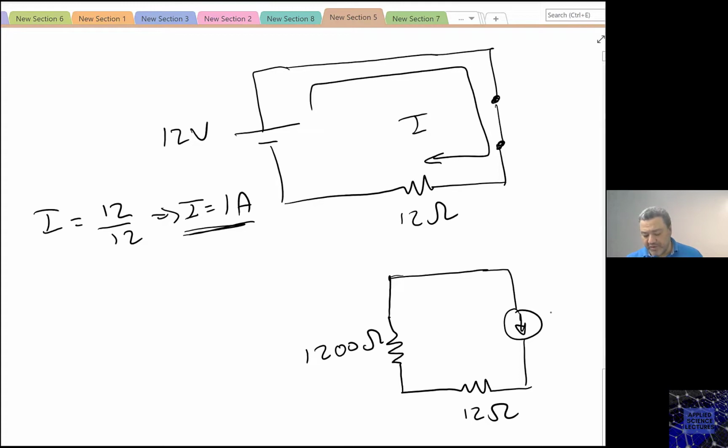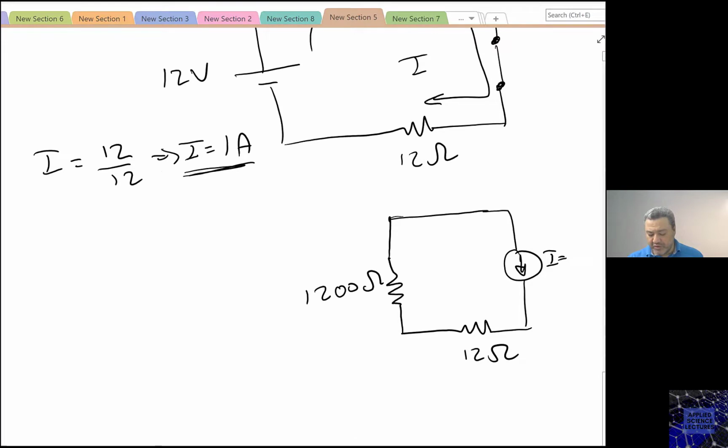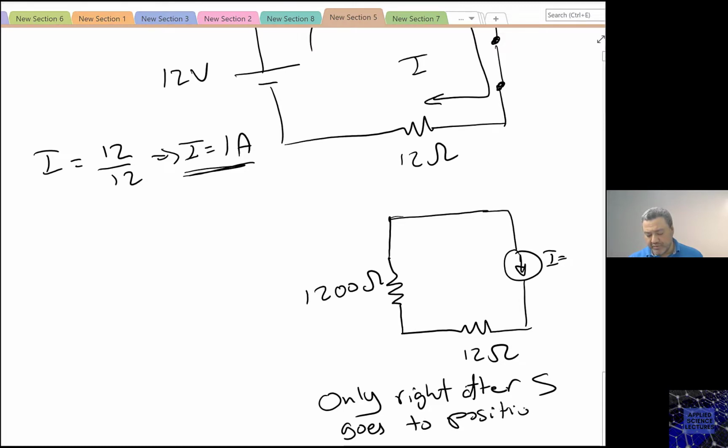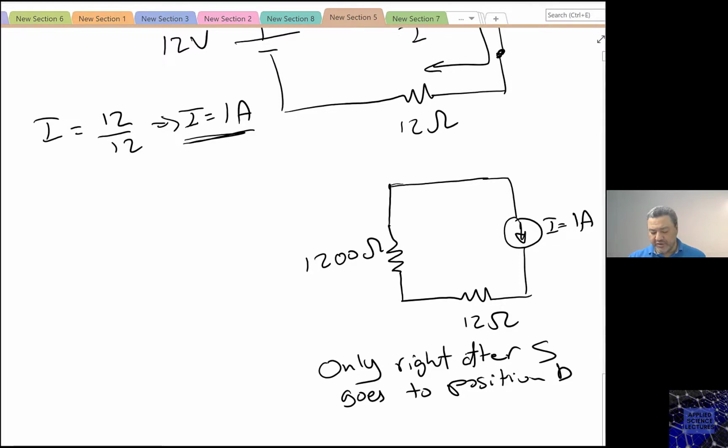So remember this current is only right after S goes to position B. So now this one becomes 1 ampere. Now we need to calculate the voltages.